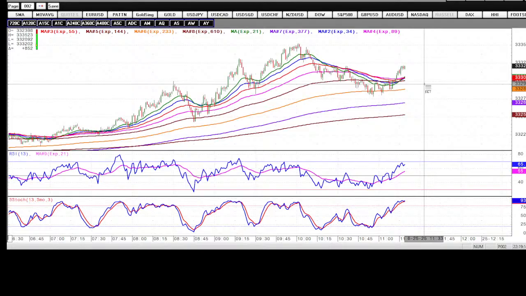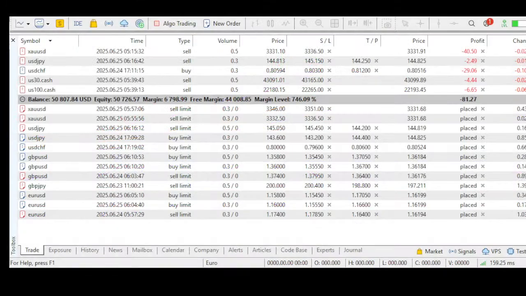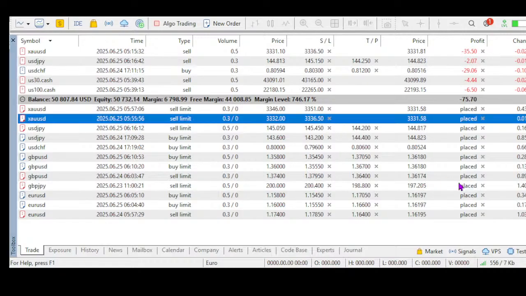Okay, I definitely want to be in the trade. So maybe I want to change this to 32. Okay, I want to add on this trade because I want to be in the trade. So I've lowered it to 32. So let's see whether this is getting filled.